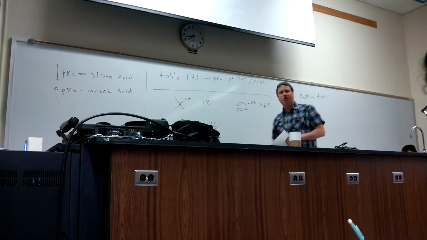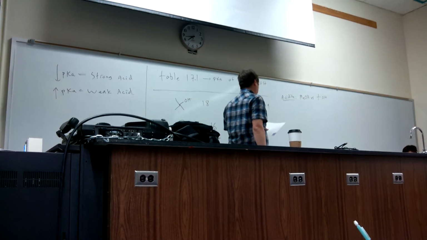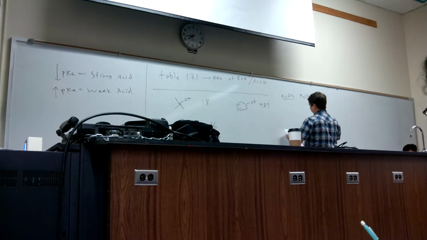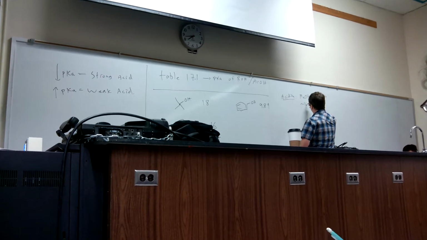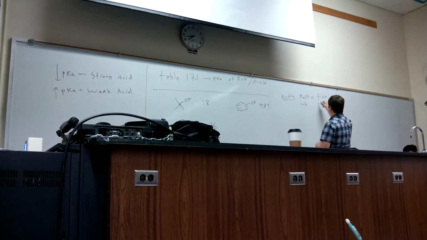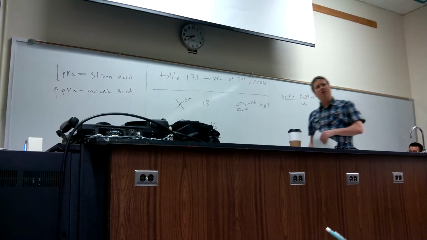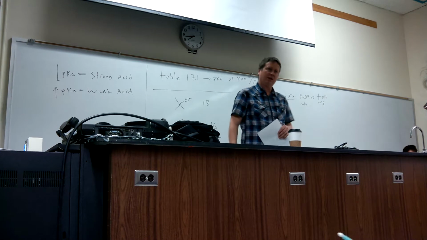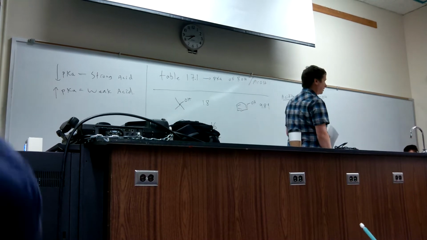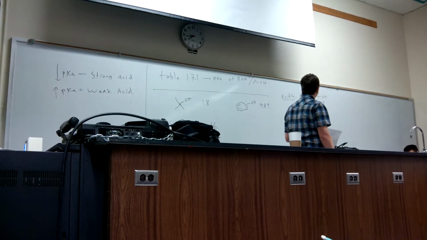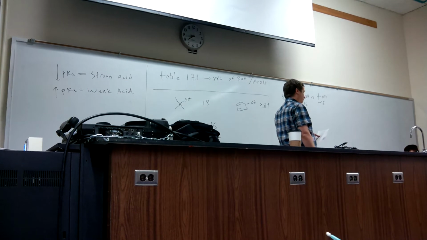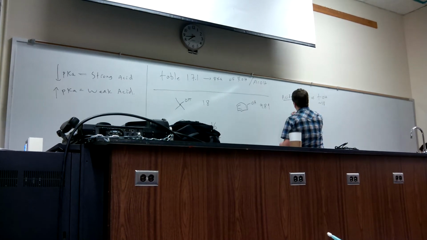Methanol versus tert-butanol. This is about 16. This is about 18. So why is methanol more acidic? About 100 times more acidic in logarithmic terms. Any ideas?